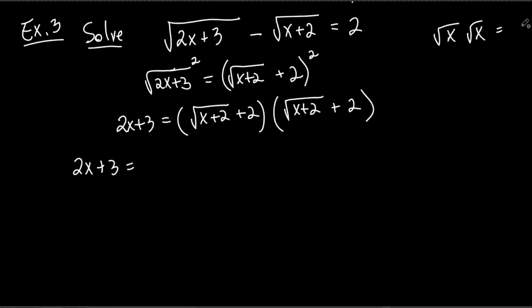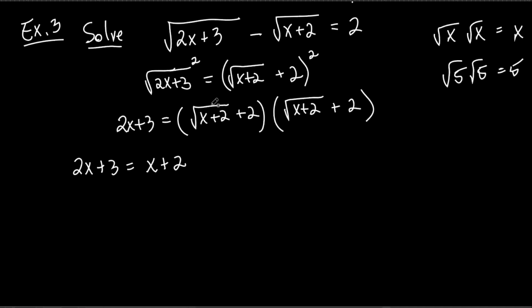What's that? It's x. What's the square root of 5 times the square root of 5? It's just 5. What's the square root of x plus 2 times the square root of x plus 2? Just x plus 2. So that wasn't so hard, right? Do you agree? Yeah. Just got rid of the square root. Easy, right? If you watched, it's easy. You can't say that's hard. You can't. It's super easy.